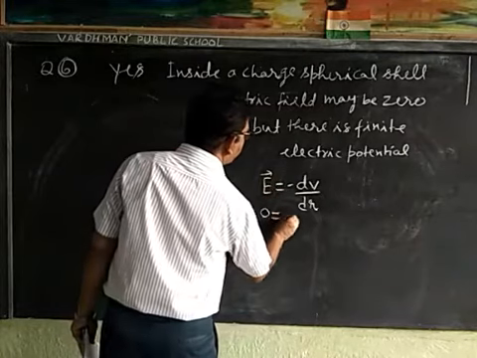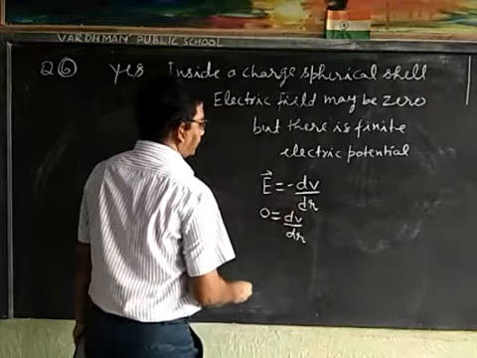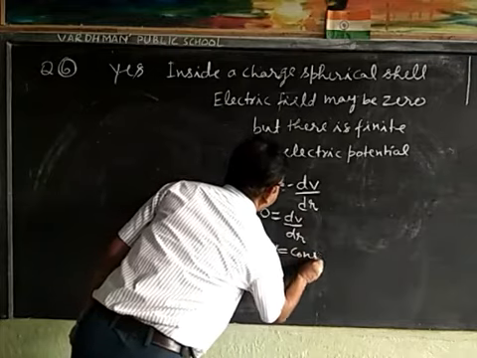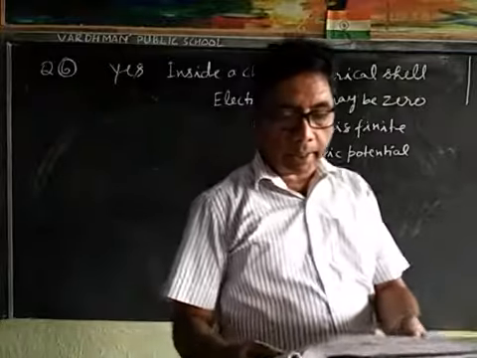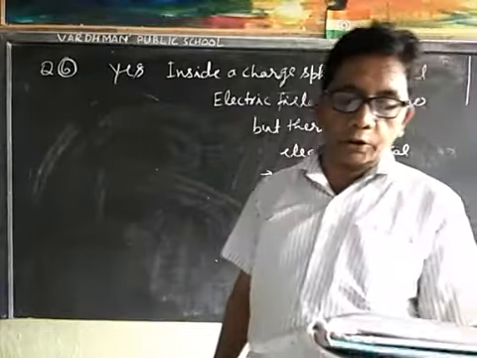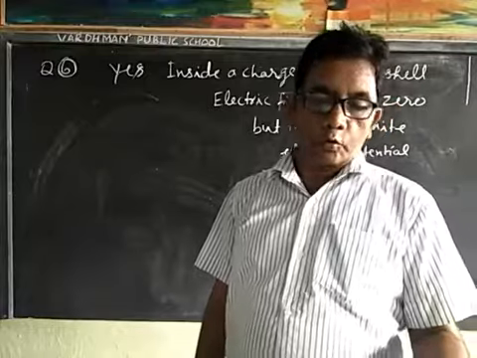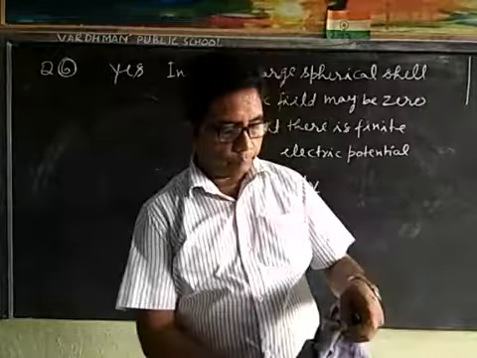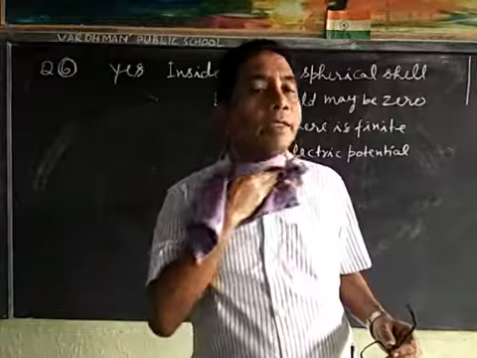So at a point where the electric field is 0, the electric potential need not be 0.